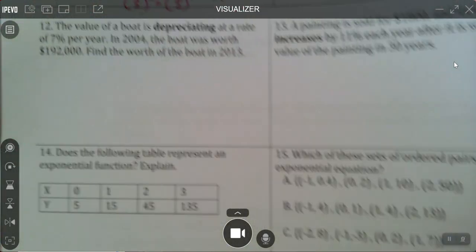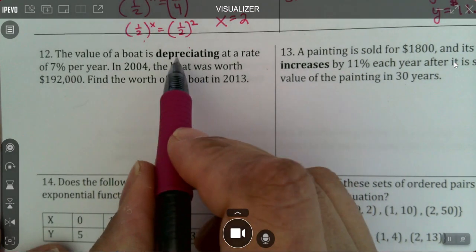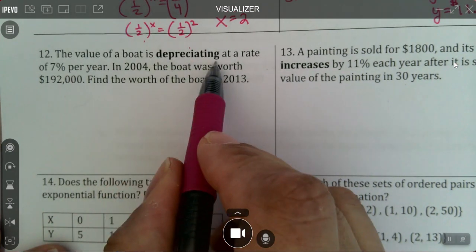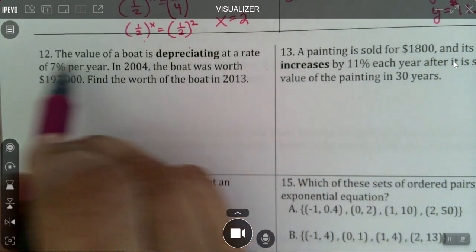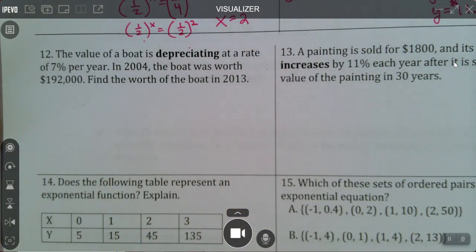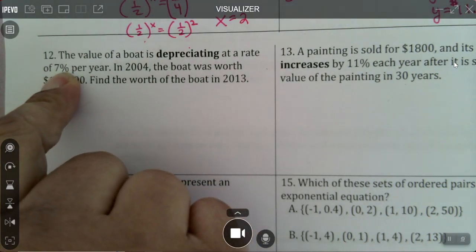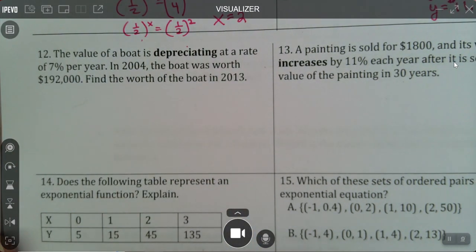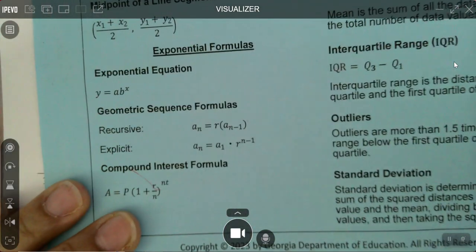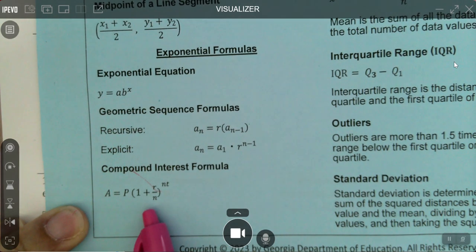Okay, review, remember? The value of a boat is depreciating at a rate of 7%. So how do we know that this is an exponential function? It is not linear, it is not quadratic, it is exponential. But your formula sheet only gives you that and this one.